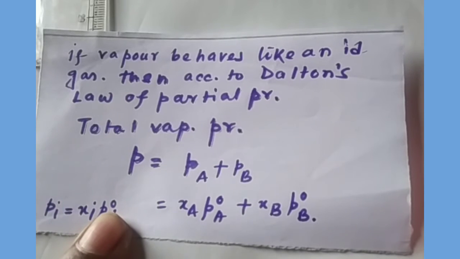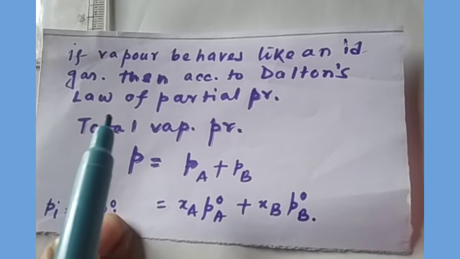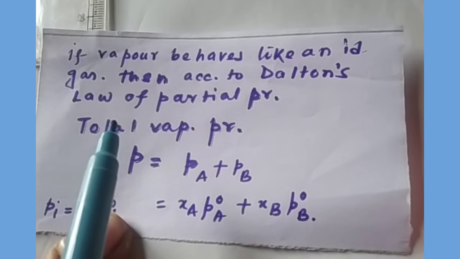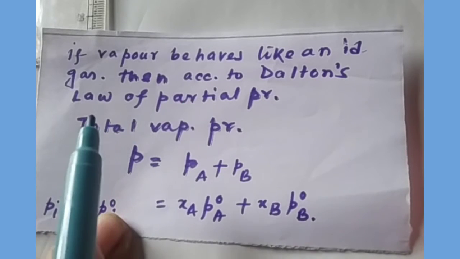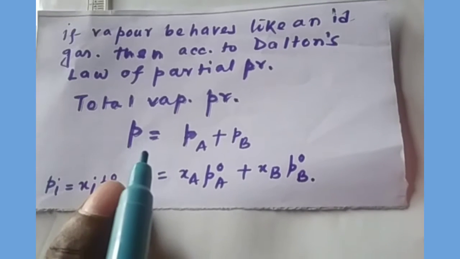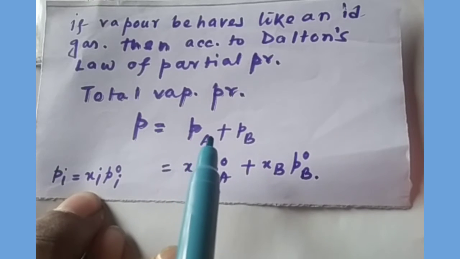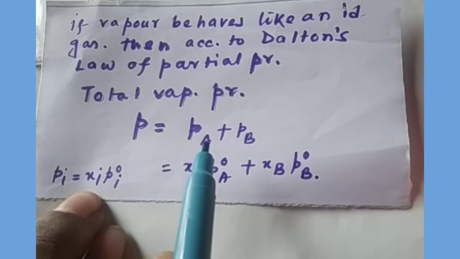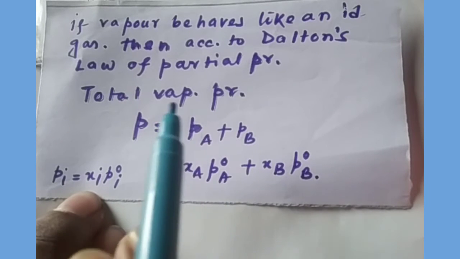If the vapor behaves like an ideal gas, then according to Dalton's law of partial pressure, which is in class 11 in the gas and liquid chapter, the total vapor pressure P equals Pa plus Pb, because when A and B mix and make a solution, the partial pressure of A and the partial pressure of B create the total pressure.